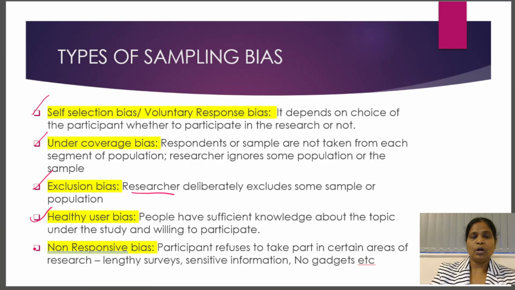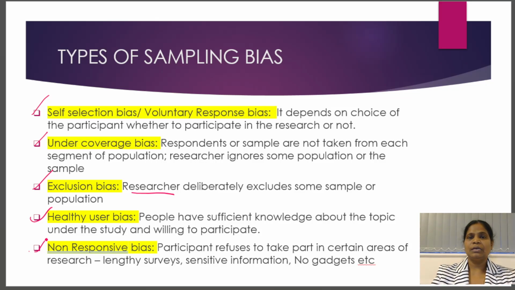Next one is non-response bias. When we say non-response bias, it means, for example, if you are taking part in a survey and the survey is for 1 hour or so, the participants would like to skip some questions. They don't want to respond.